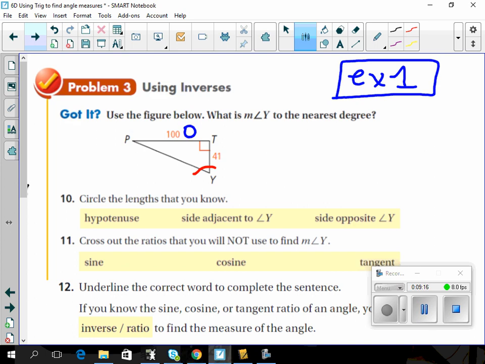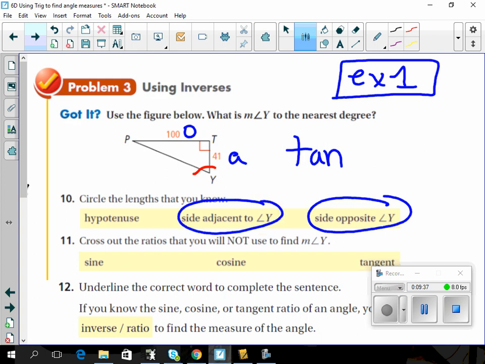What about the 41? Perfect. It's the adjacent. And since we know SOHCAHTOA, right, which trig function is that for me? Perfect. So I'm going to use the tangent, okay? We know the side opposite, the side adjacent, and we're going to use the tangent.